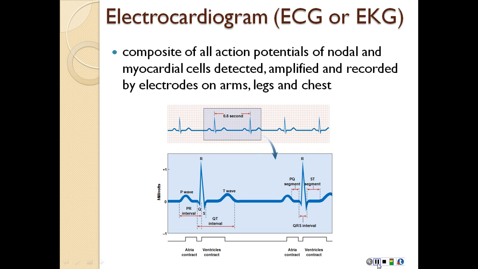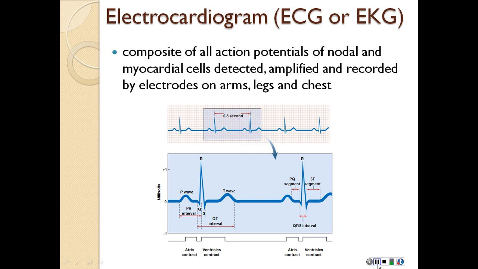And when you look at an electrocardiogram, you see something like this. So this is a normal EKG. What the EKG or ECG is, electrocardiogram has a C, is a composite of all action potentials.